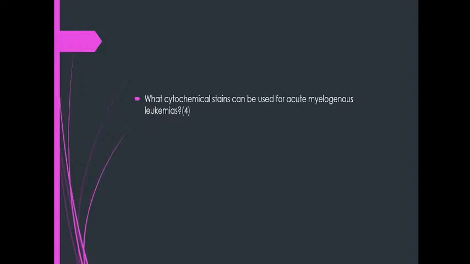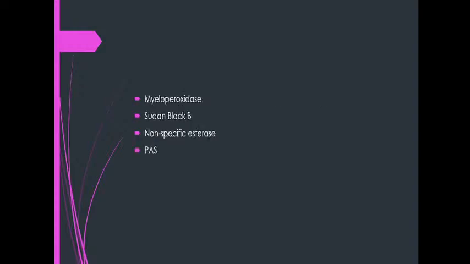Now, let's talk about the cytochemical stains that may be used in the differentiation of acute myelogenous leukemia. We can use myeloperoxidase, Sudan black B, non-specific esterase, and PAS. What does PAS stand for? You guys have studied histopathology a couple of weeks ago.